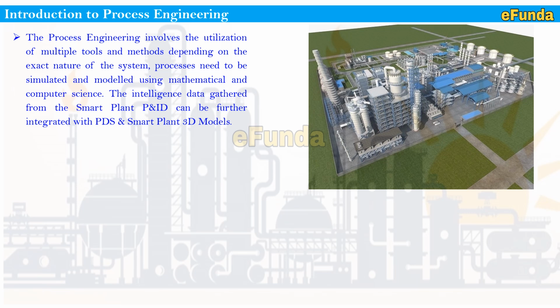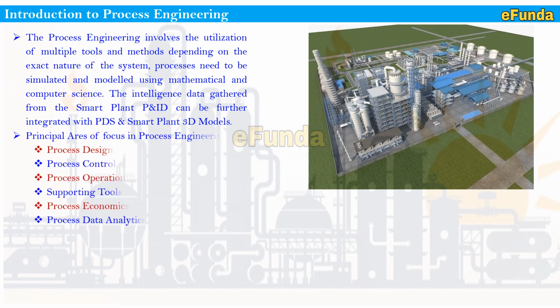The intelligent data gathered from the Smart Plant P&ID can be further integrated with a PDS and Smart Plant 3D models, which we have just now referred to. The principal areas of focus in process engineering are process design, process control, process operation, supporting tools, process economics, and process data analytics.